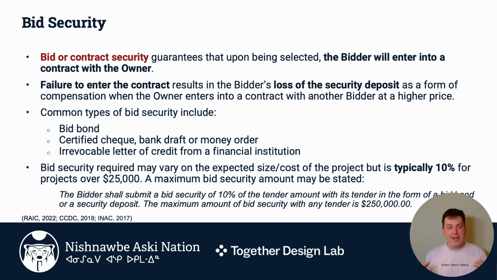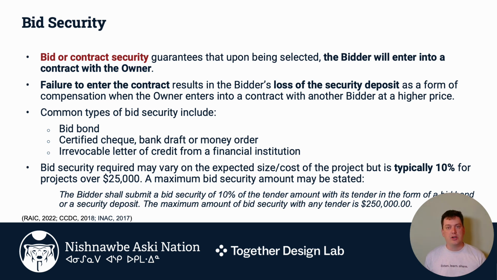If the bidder fails to enter into the contract, then you, the owner, would keep their security deposit, both as a way of compensating the owner for the administrative burden they incurred in a failed tendering process, as well as the administrative burden they'll incur for having to rerun a tendering process, and just to create some kind of financial penalty to the bidder for not entering into the contract.